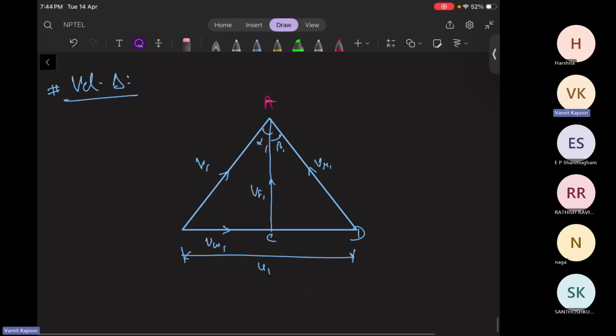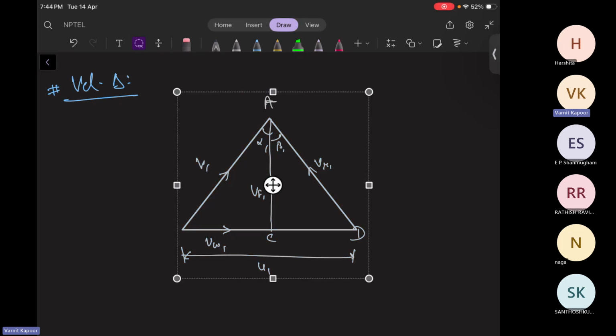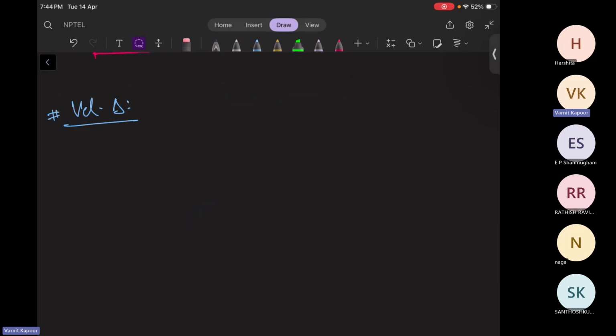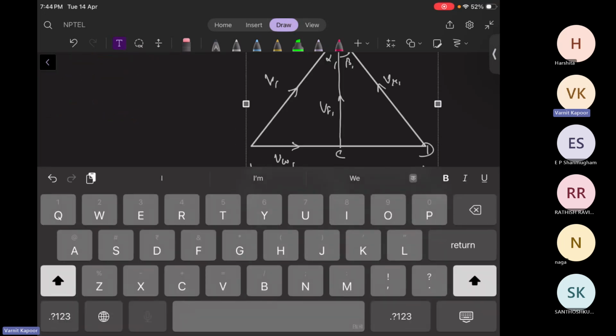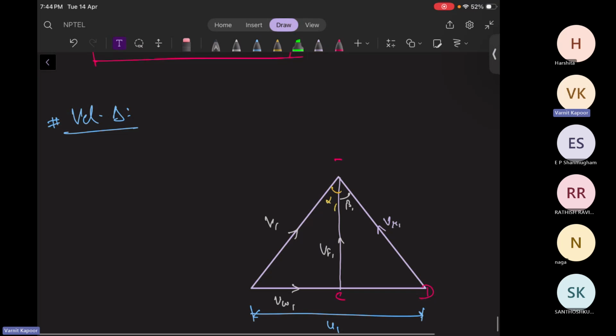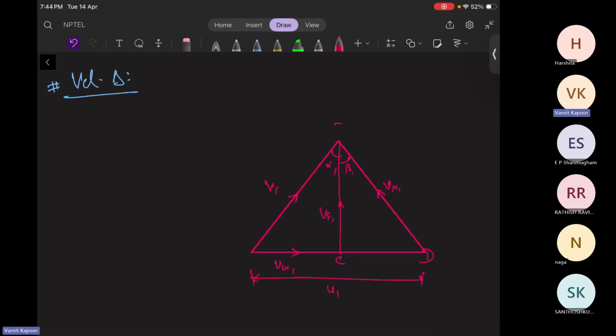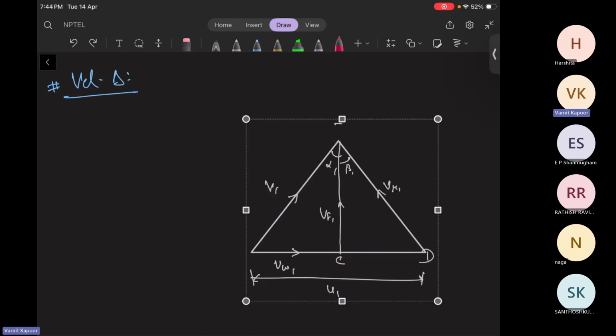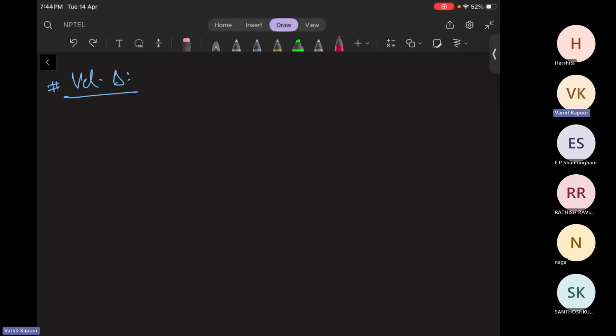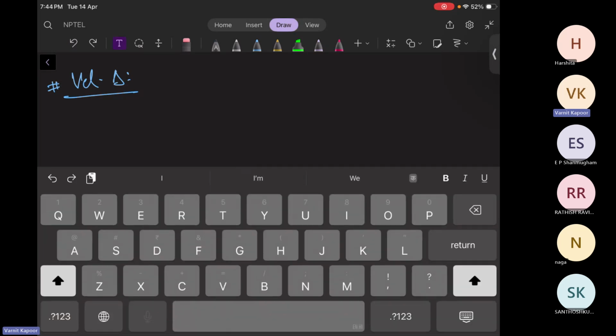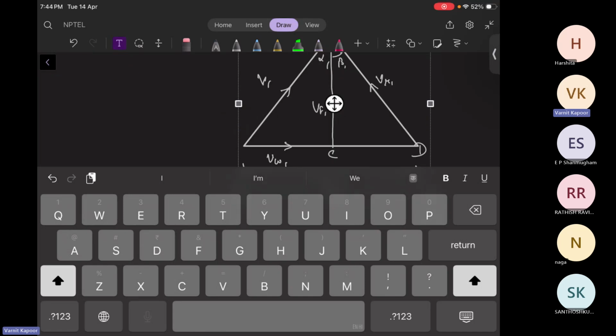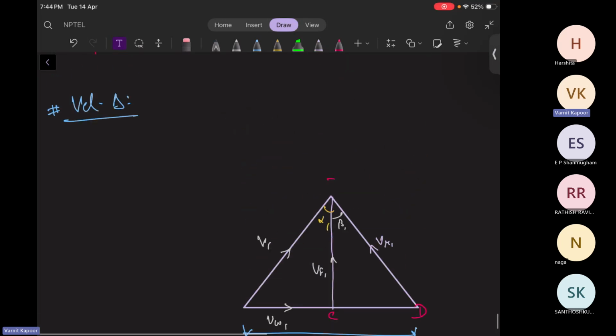I guess this is wrong. I'll again make it. This is right. Perfect. What happened? Why the color changed? All right. A, B, C, D.